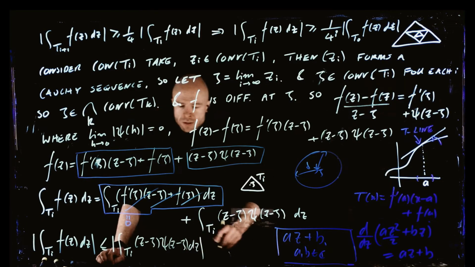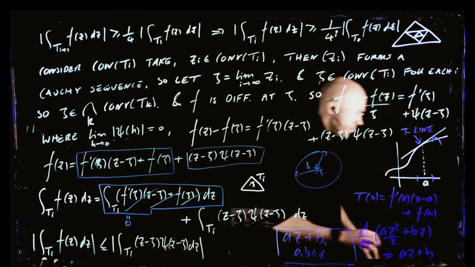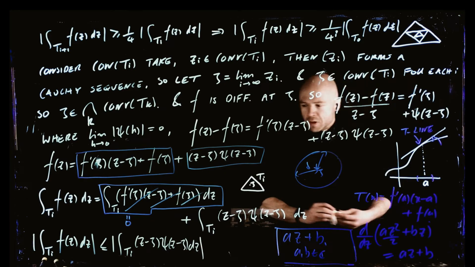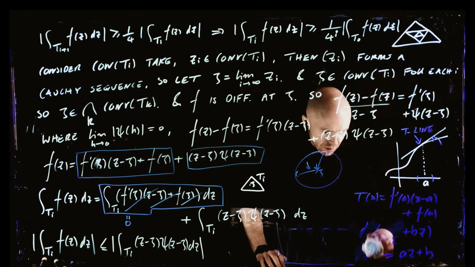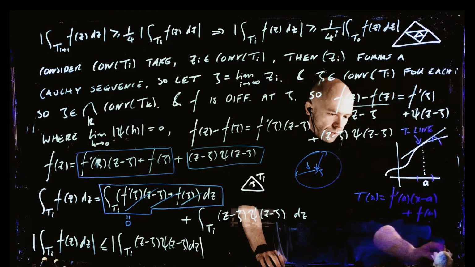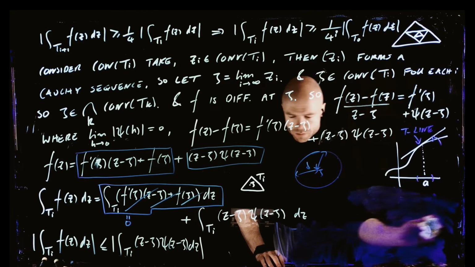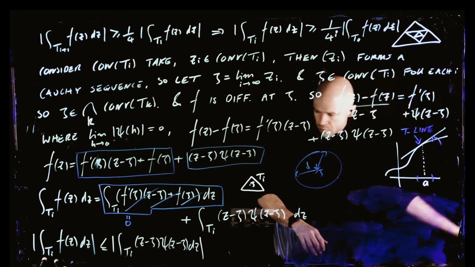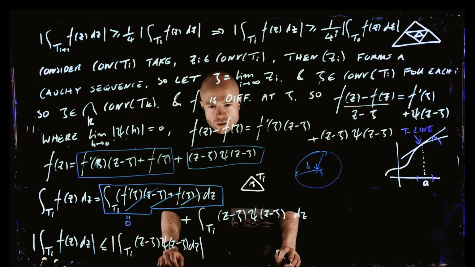Yeah? Cool. What tool do we have to help us estimate this thing? What did we learn that will help us estimate this thing? It gets small as z approaches zeta, right?